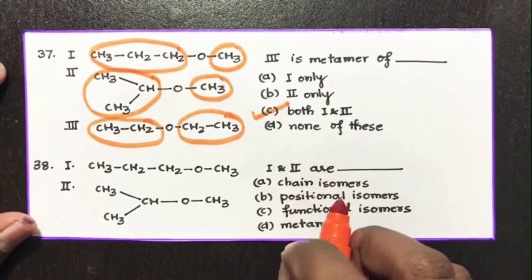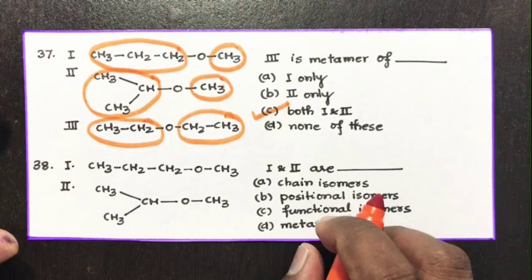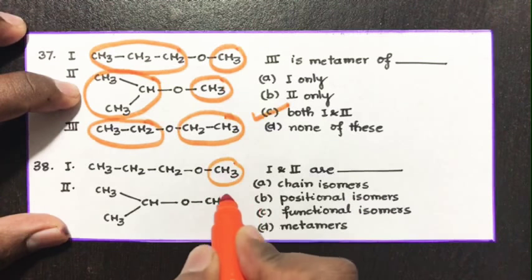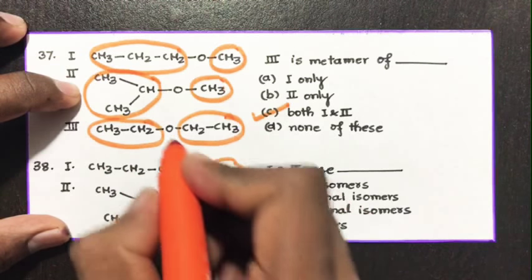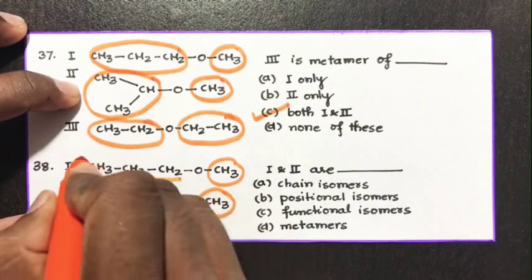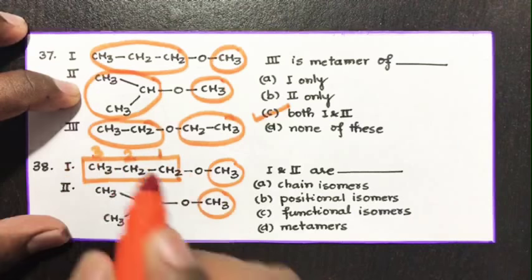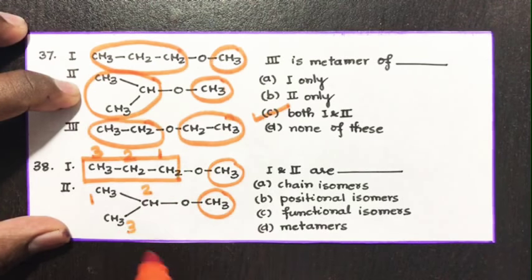Now coming to question number 38. 1 and 2 are not metamers of course, because they have the same group on one of the sides, and previously we have seen that they are positional isomers, because in this case this will be the parent chain, and this will be the first carbon, this will be the second, and this will be the third one, and in this case this will be the first, this will be the second, and this will be the third.